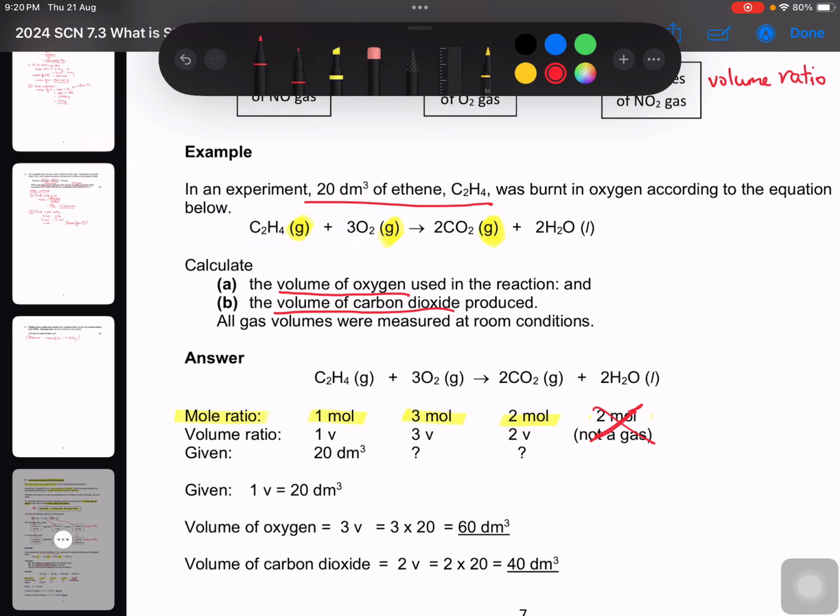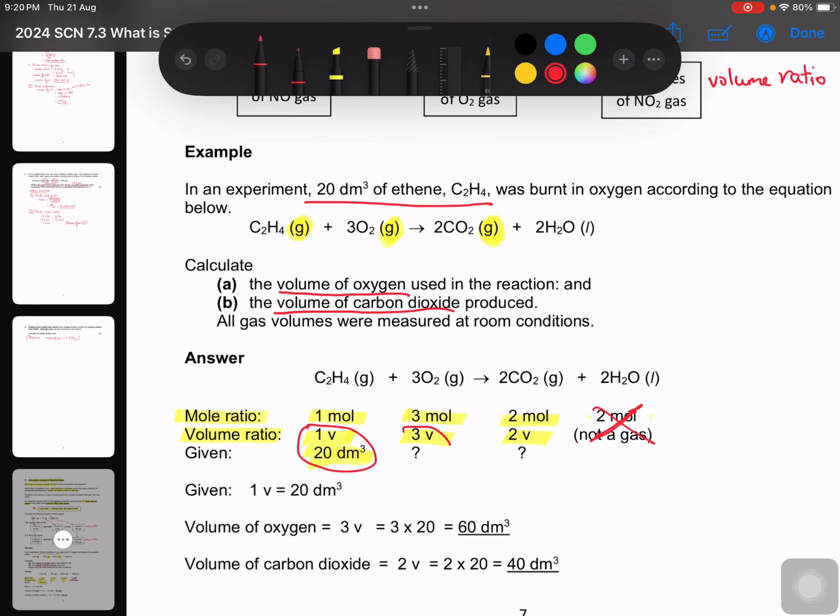But we already learned that mole ratio is equal to volume ratio, so we will represent it as V. 1 mole will be equal to 1 volume, 3 volumes, 2 volumes. Now, what are we given? From the information, we are given 20 dm cube of ethene. So 1V is equal to 20.